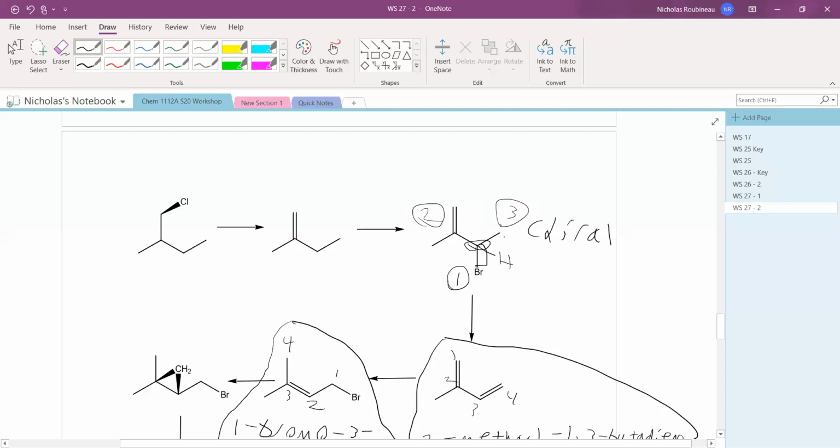And then the methyl group gets priority three because it has a higher atomic number than hydrogen. So this is the arrow we draw from 1 to 2 to 3. Is it R or S? Yes, it's R. Because it's on a wedge, hydrogen number 4 is in the back. We don't have to flip it. So it's going clockwise. It looks like what it is, so it's R.